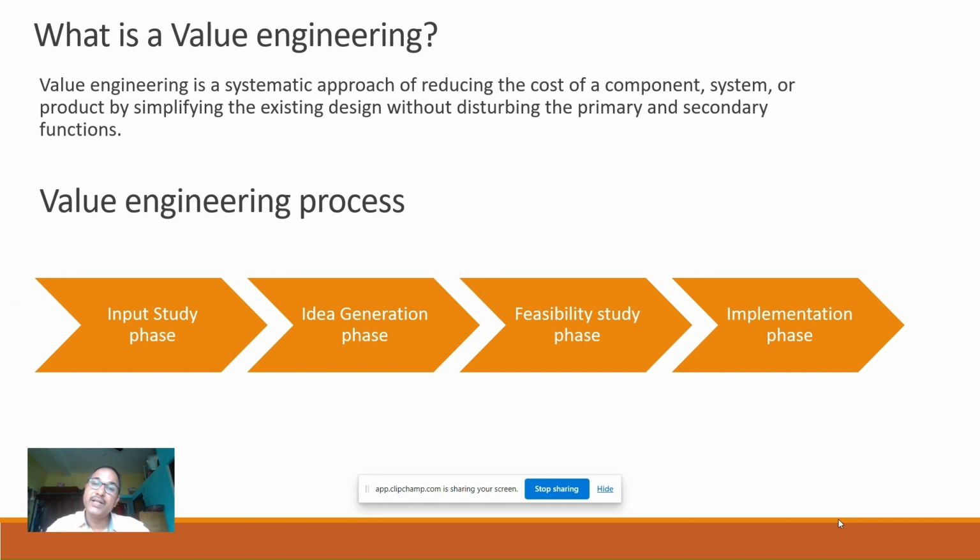In the feasibility study, we just pick a few ideas which can be converted to the concepts. That exercise is done in the implementation phase, followed by the design and development. This particular process we will study in more detail.